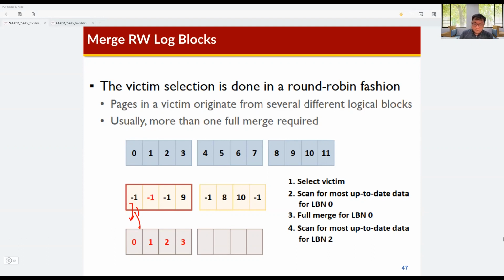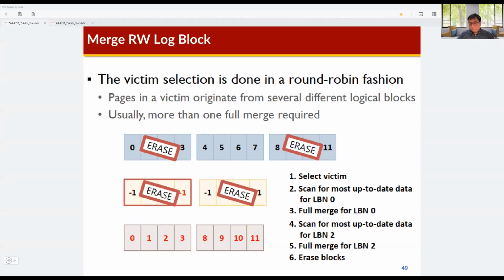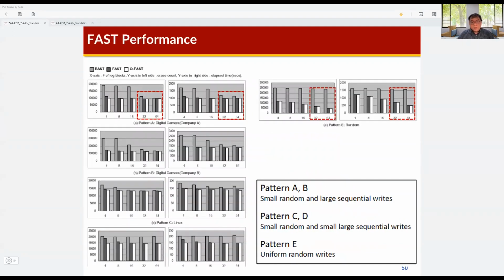And then if this new block is generated, you can erase a certain log block, and then you can map this generated block to the new data block. Okay. So this is the merge operation, and then you can erase some blocks. So with this FAST mechanism, we can reduce the number of erases, and we can also increase the performance.